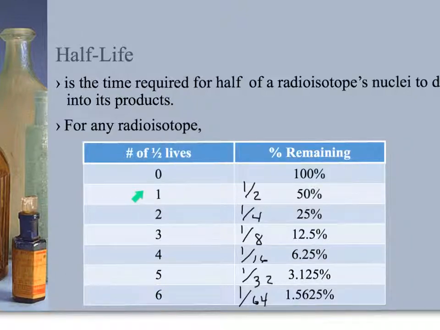With 1 half-life, half of the material remains, or 50%. 2 half-lives, 1/4 of the element remains, or 25%. 3 half-lives, 1/8, 12.5%. And so we can use this information to help calculate the amount of a specific element that can remain over a given duration of time.